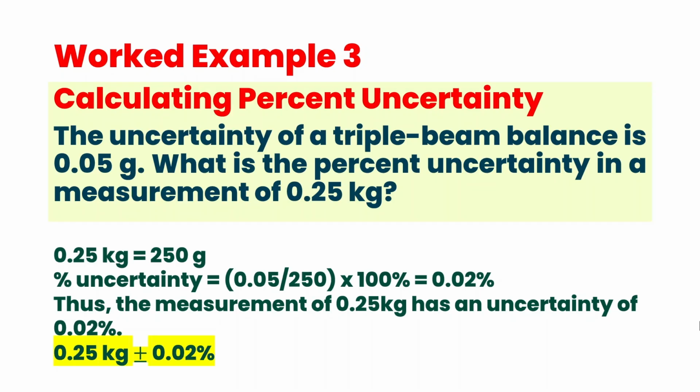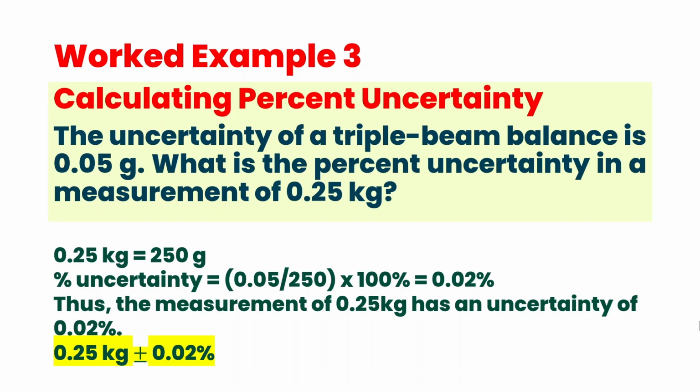That means if that measurement is taken from the triple beam balance, the value can exceed 0.02% above 0.25 kilograms and 0.02% below 0.25 kilograms.